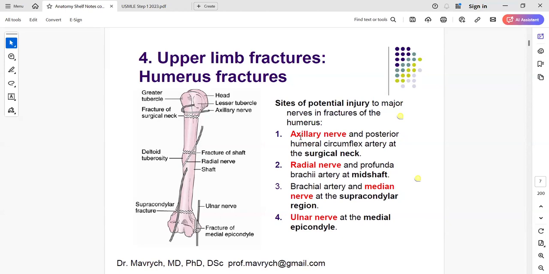So there's three most common sites of humeral fractures. One is obviously the surgical neck, where the axillary nerve is, which is most important. Now, midshaft, the radial nerve is gone if it's a midshaft fracture. What they do is they tell you that, okay, this is a fracture of midshaft humerus. The case is here with you.